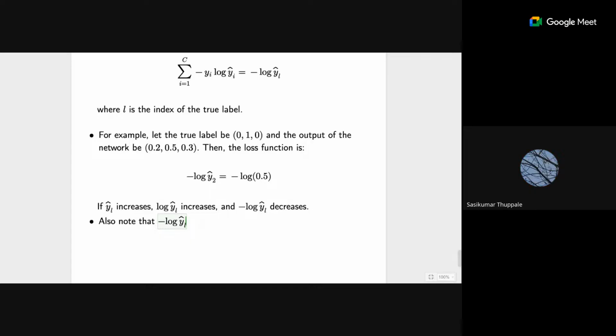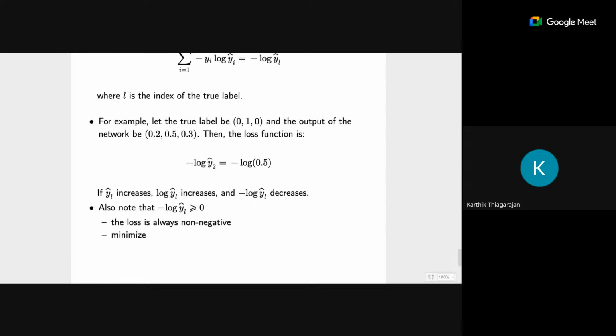Loss should be low, so it should be non-negative, right? Which is why we minimize this. The loss should always be non-negative, and minimizing it should make sense, right?